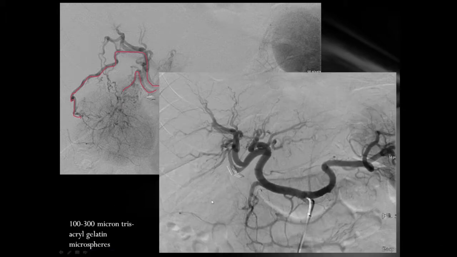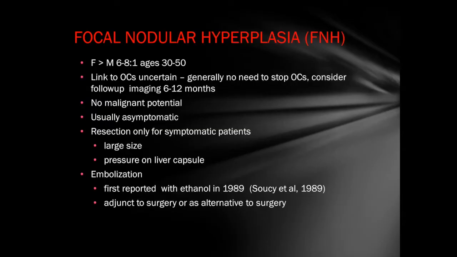And following embolization, what's really striking is not only is the mass devascularized, but look, once that's accomplished, look at the dramatic increase in intrahepatic blood flow now that the sump effect has been taken away. So this patient, much like our hemangioma patient, had significant improvement after embolization, and actually to date has not required surgical resection.